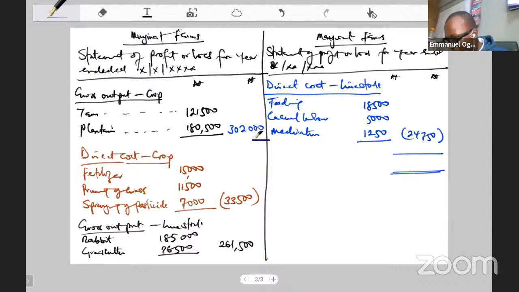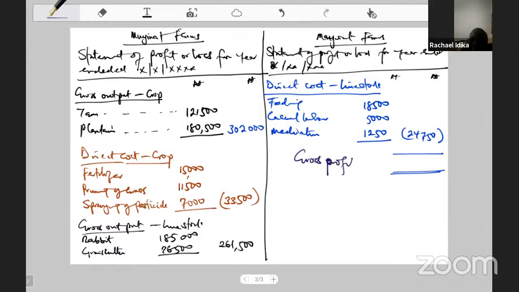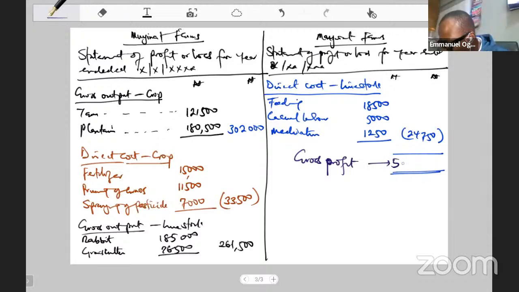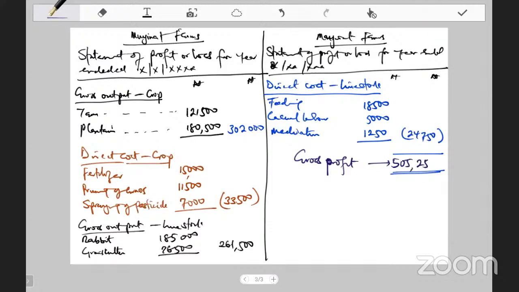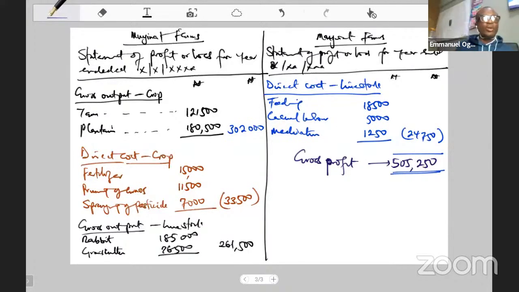So add 302,000 minus 33,500 plus 261,500 minus 24,750. So what's my gross profit? 505,250. And that is that. 10 marks. So you have 20 marks in your pocket. Any question? I'm with you. Any question?